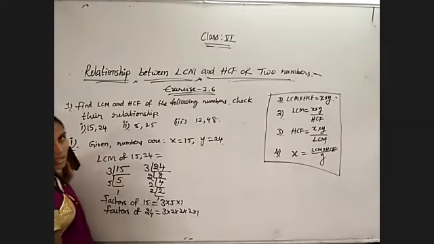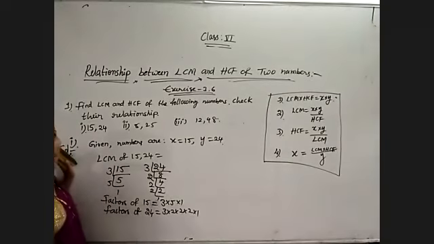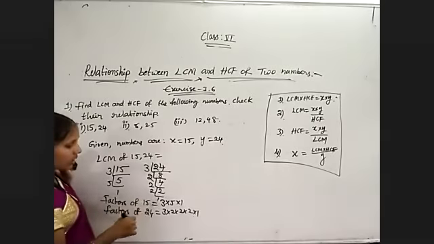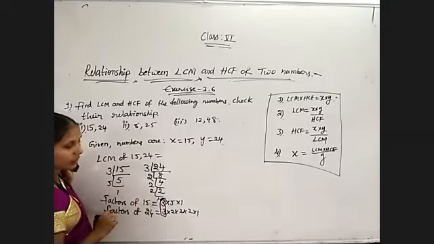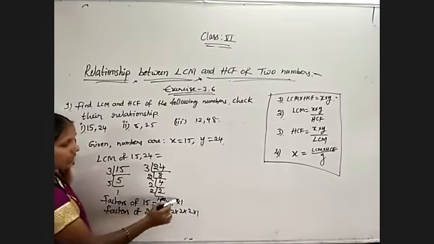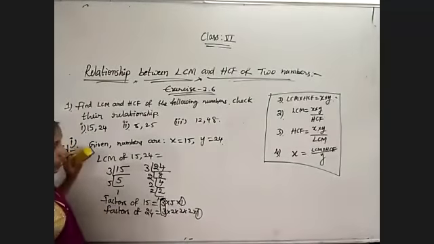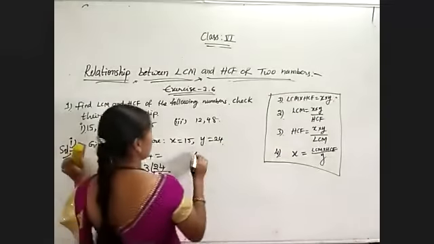Okay, factorization of 15, factorization of 24. Now what we have to do? Identify the common factors of both the numbers. So 3 is common. That's it. Only 3, and 1 is common for every number, so there is no need to consider it. So 3 is the only common factor. What do we have as the LCM?